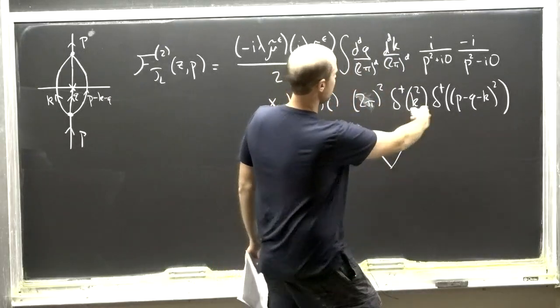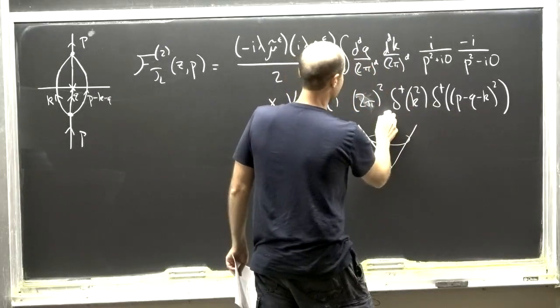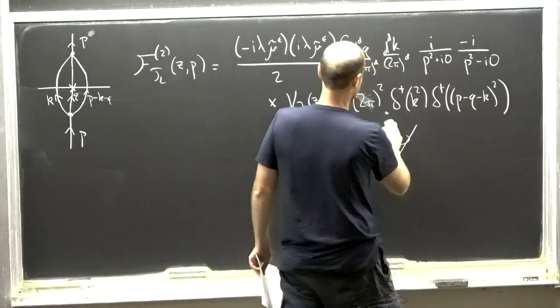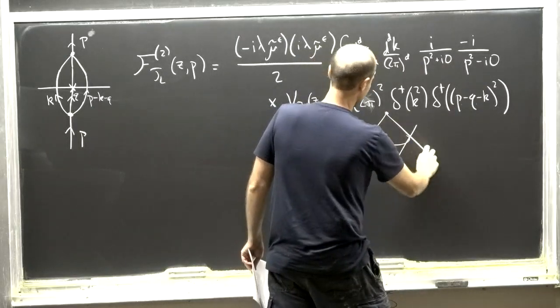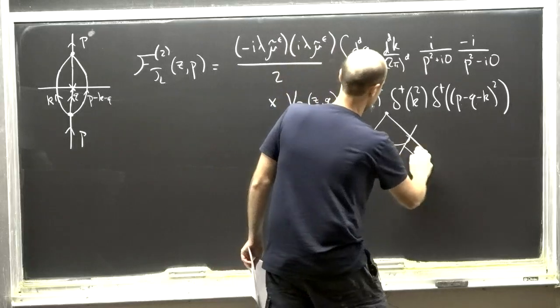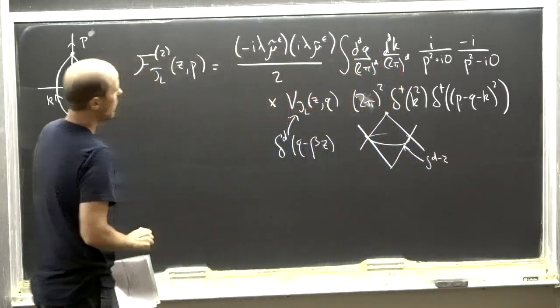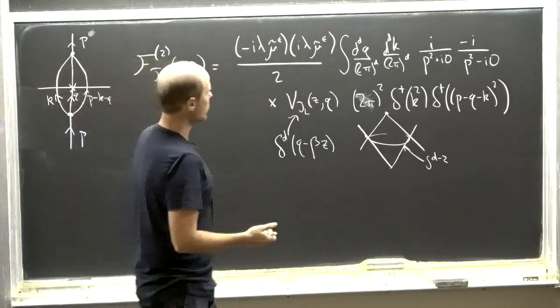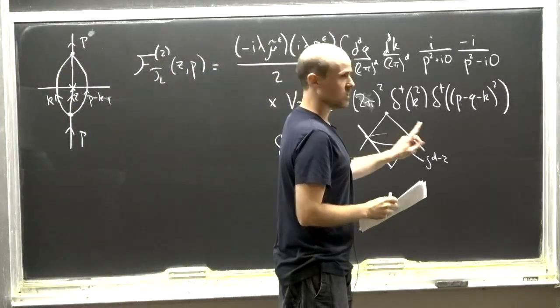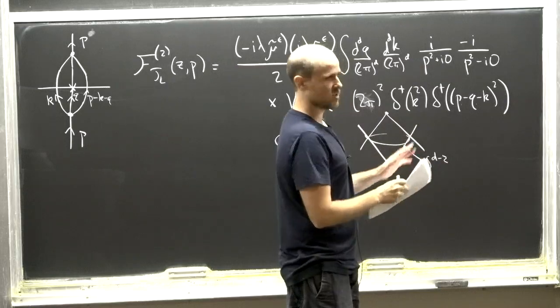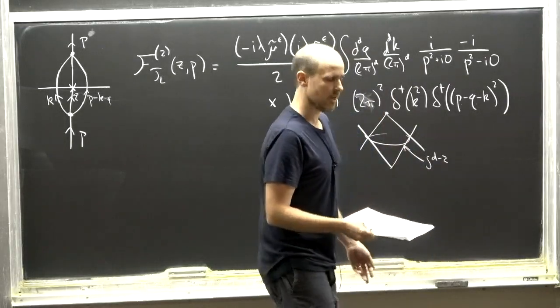And then this one says k has to live on the past light cone of p minus q. So we have to draw these two light cones, and they intersect at a sphere, which is an S^(d-2). So after solving all the delta functions, what you're left with is just the integral over a sphere, and it just gives the volume of the sphere. It's not a hard integral.